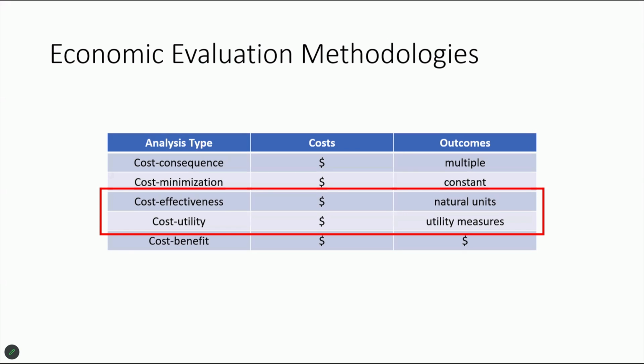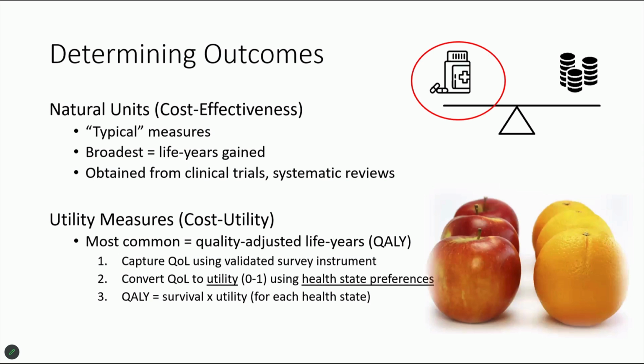In cost effectiveness analysis, the outcome is traditionally measured in natural units, the typical measures of clinical research: case detection, disease-free survival, overall survival, life years, etc. While in cost utility analysis, outcome is measured in more universal units of utility, such as quality adjusted life years. These are the most used methodologies, and cost utility analysis is really considered to be the standard.